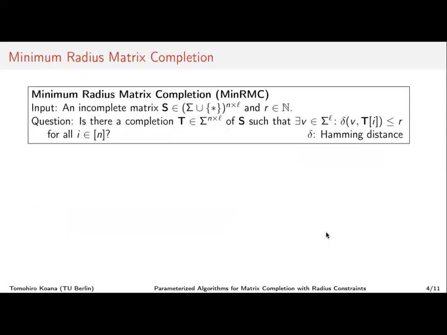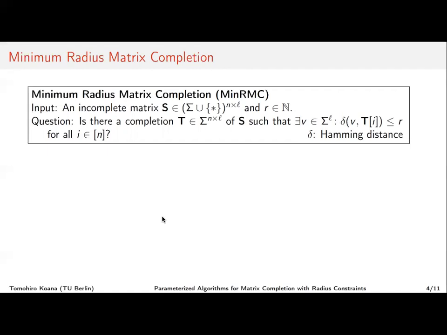Given this, we define a problem where we are given an incomplete matrix, and we want to complete the matrix such that the Hamming radius is minimized. Mathematically, the input is again an incomplete matrix of n rows and l columns, and an additional integer r, which denotes the radius.